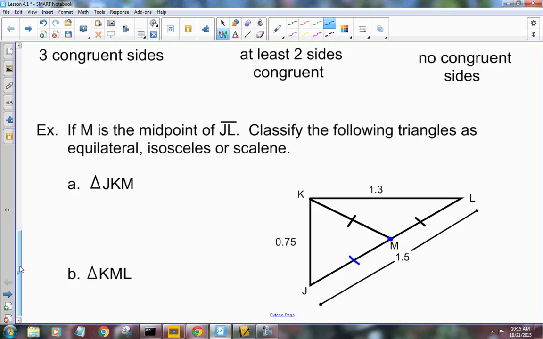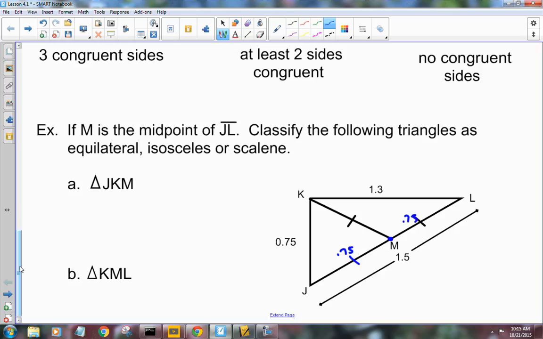And since JL is 1.5, what does that make JM and ML? It makes them 0.75. Now, we also see that we have two congruent sides here. So if KM and LM and MJ are congruent, what's going to be true about all three? They're all going to be 0.75. They're all going to be congruent to each other.